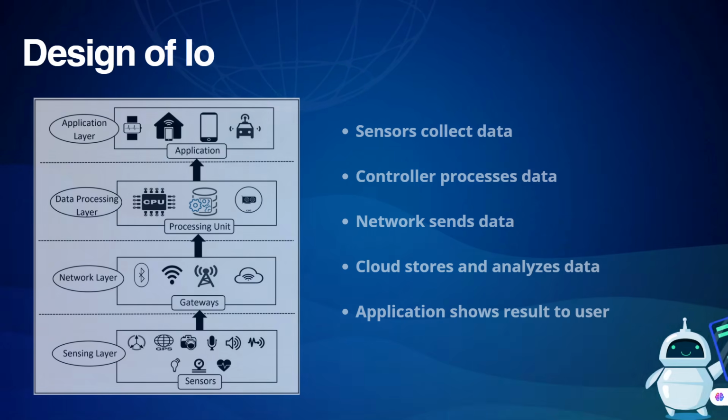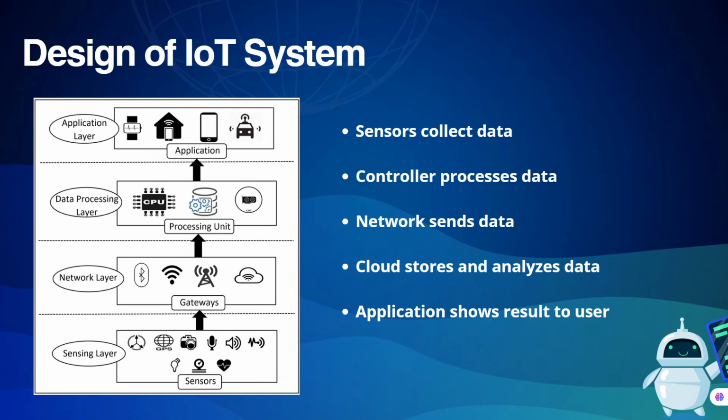Next, design of IoT system. This slide shows the complete design of an IoT system. At the lowest level, sensors collect real world data. This data is processed by a controller. Then, the data is transferred through the network.